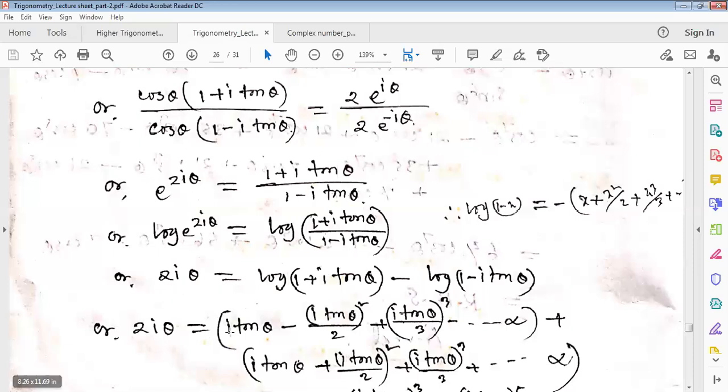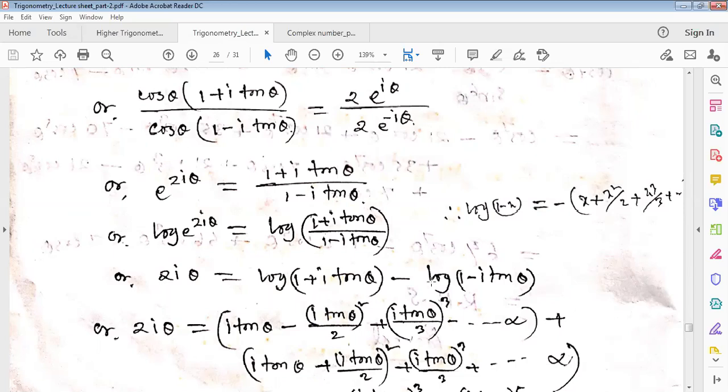Now twice i theta equals log 1 plus x formula. Do you know the log 1 plus x formula? Log 1 plus x is x minus x square by 2 plus x cube by 3 minus, and so on, alternating plus and minus. This is an infinite series of log 1 plus x.